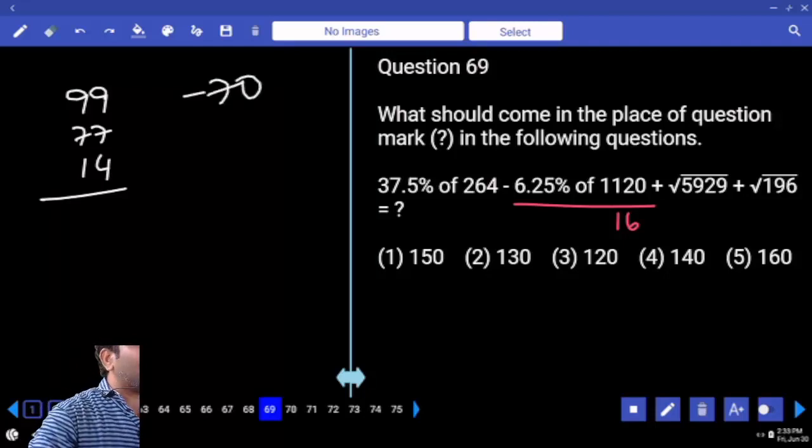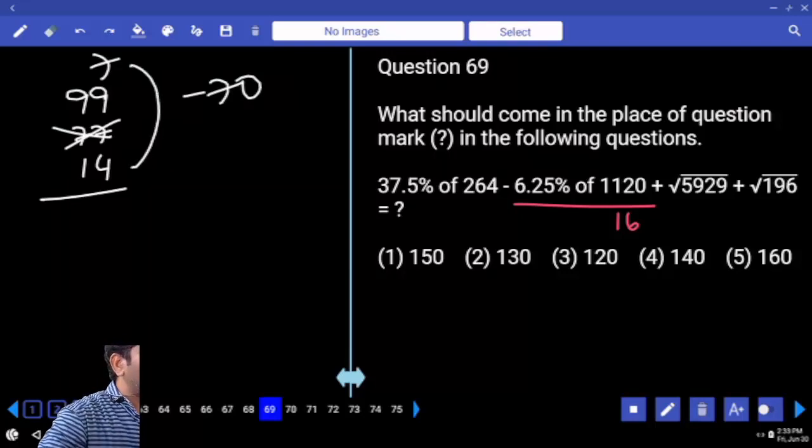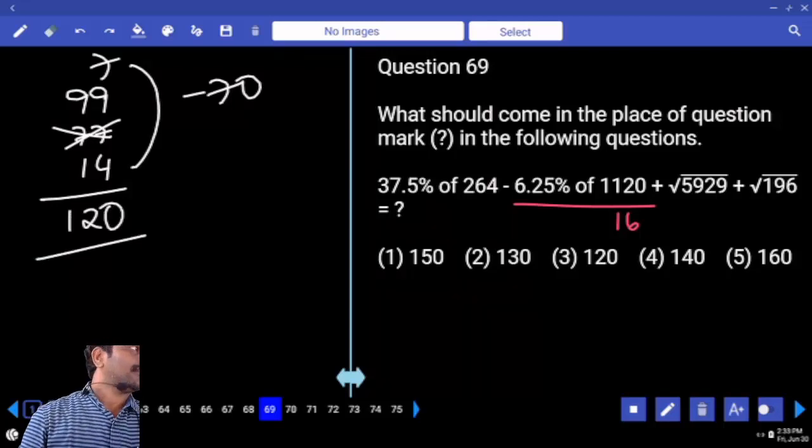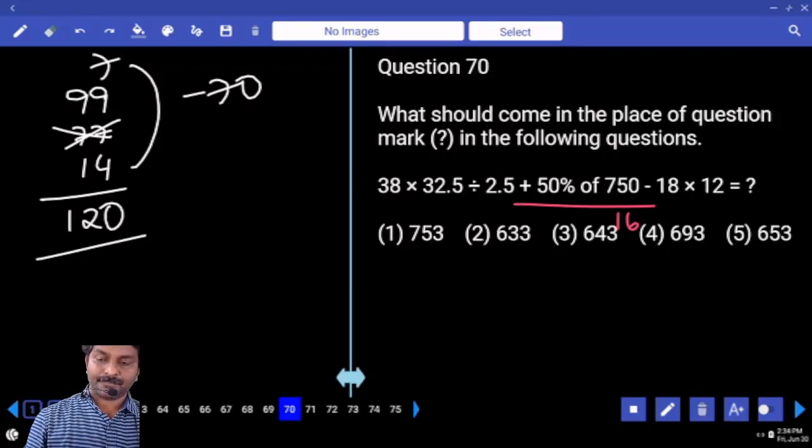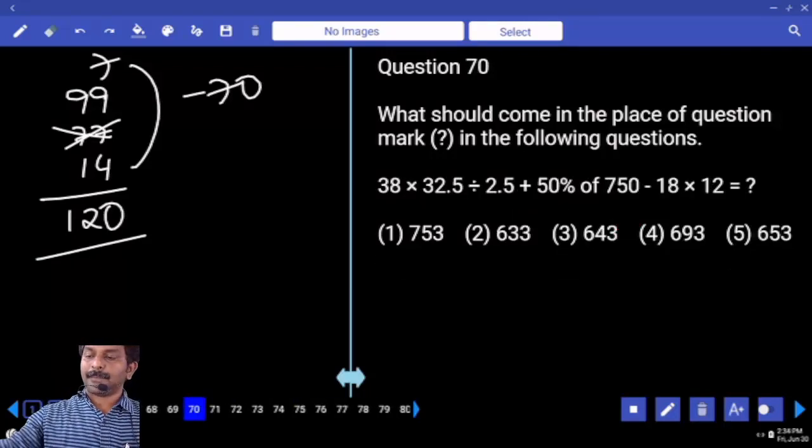That means you need to subtract 70, right? I'll subtract 70 from this fellow and write it as 7. Is that okay? 7 plus 14, 21. 21 plus 99, 120. Can we verify last digit? No, all are ending with 3.